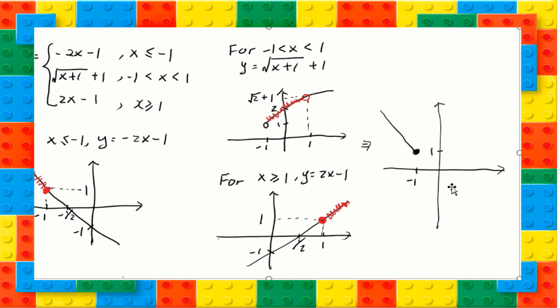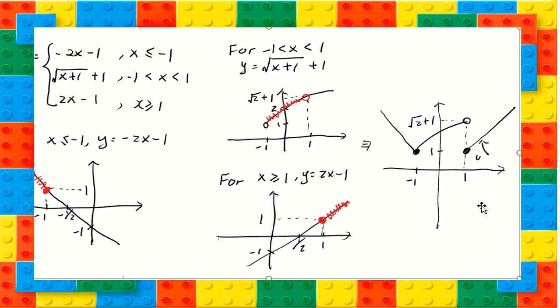Then followed by the second graph where x is in between negative 1 up to positive 1, that we take from the second graph, which is square root of x plus 1 plus 1. Then followed by the third graph when x is greater than or equal to 1, and we take from the third graph.